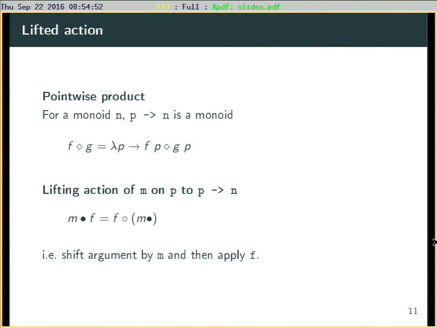There is a small technical detail which I've skipped. You need M to be commutative. Otherwise, there are left actions and right actions, and they change. But for our purposes, we can assume that this works in general. So, what is this lifted action? The lifted action is the following: M applied on f is just shift by M first and then apply f.